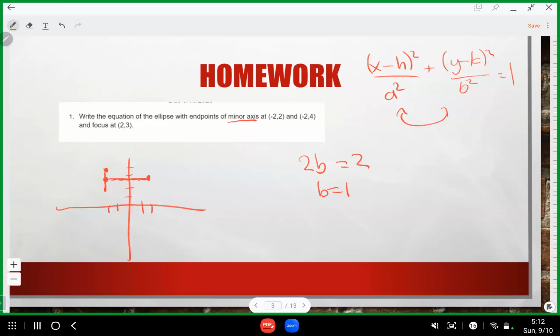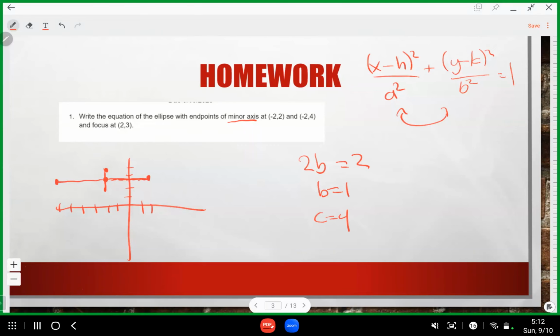So c is going to be equal to 4. If we go the other direction, the distance between the foci is going to be 2c.